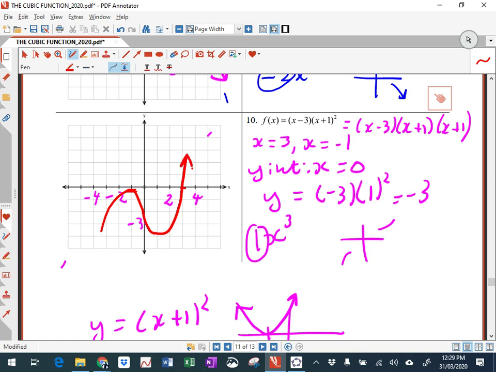There we go. That's it. Good enough. Here it should have touched. Missed it there. You're just touching, so your turning point is actually sitting right at negative 1, and it passes through 3 on the x-axis and it passes through negative 3 on the y-axis. So that's that function there.